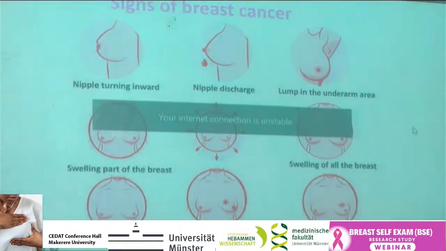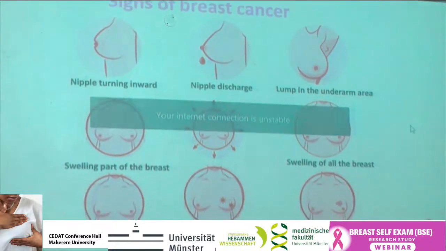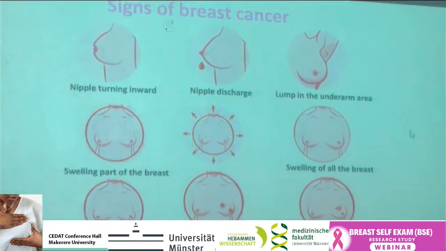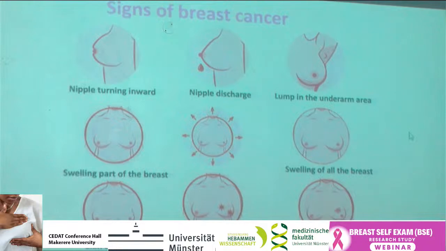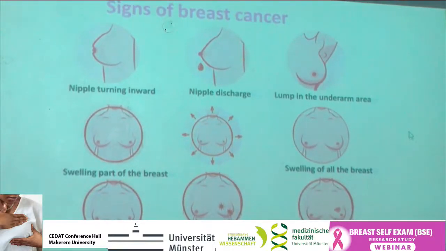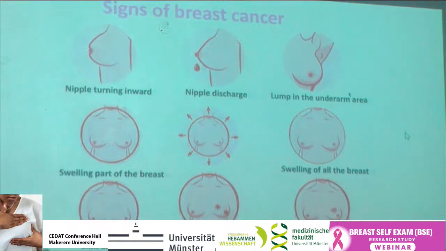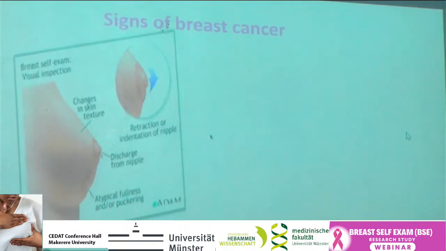The nipple discharge, the lump in the underarm area, or a lump or a swelling in the breast, breast or nipple pain, skin irritation or redness of the skin, like we said in inflammatory breast cancer. You see the skin changing color to red or even darker. The skin dimpling in terms of contour, which we looked at during our explanation of the steps.